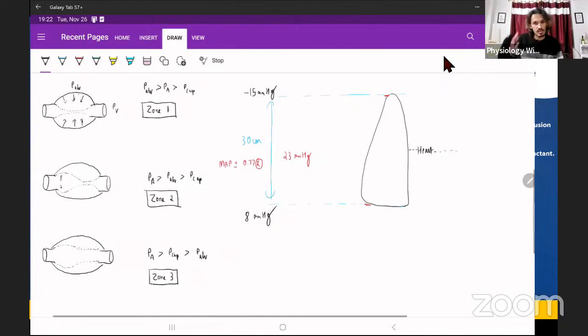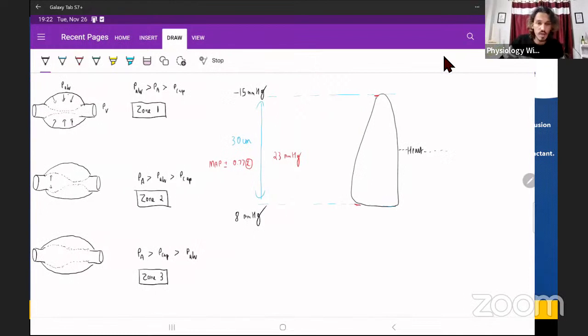So in your lungs, generally take your heart and go say 10 centimeter above it and take that point. Now, from that point up, you usually see zone 2 normally. And from that point below is where you see zone 3.